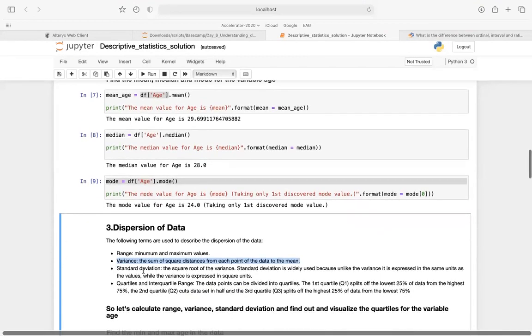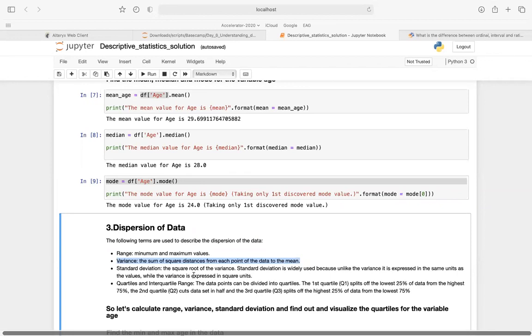The next point is the standard deviation. The square root of the variance is the standard deviation. Standard deviation is widely used because, unlike the variance, it is expressed in the same units as the values, whereas the variance is expressed in squared units.